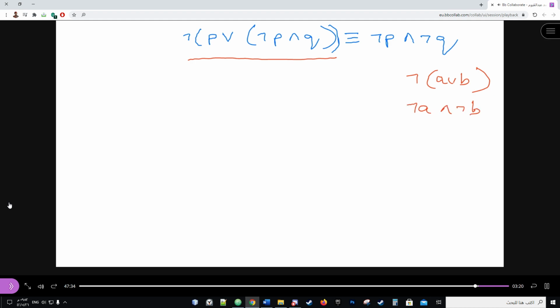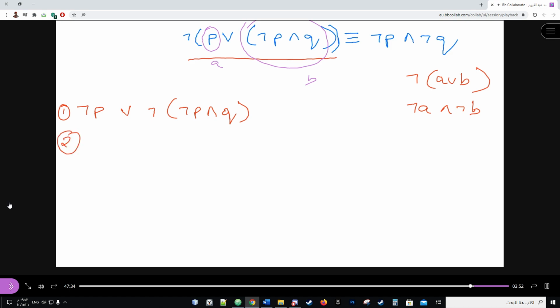So we have not P and not, so we get this, where we see this as A and we see this entire thing as B. Okay, so this is our first step.